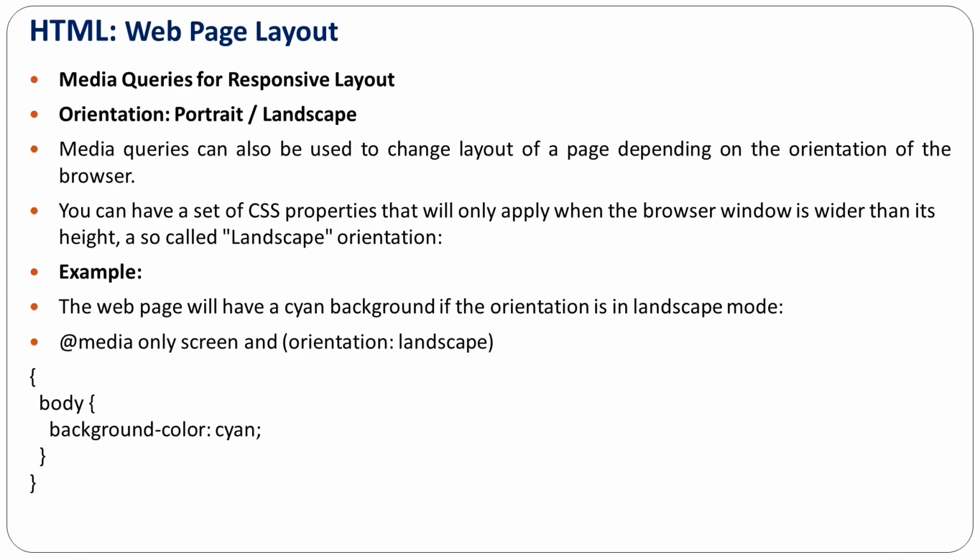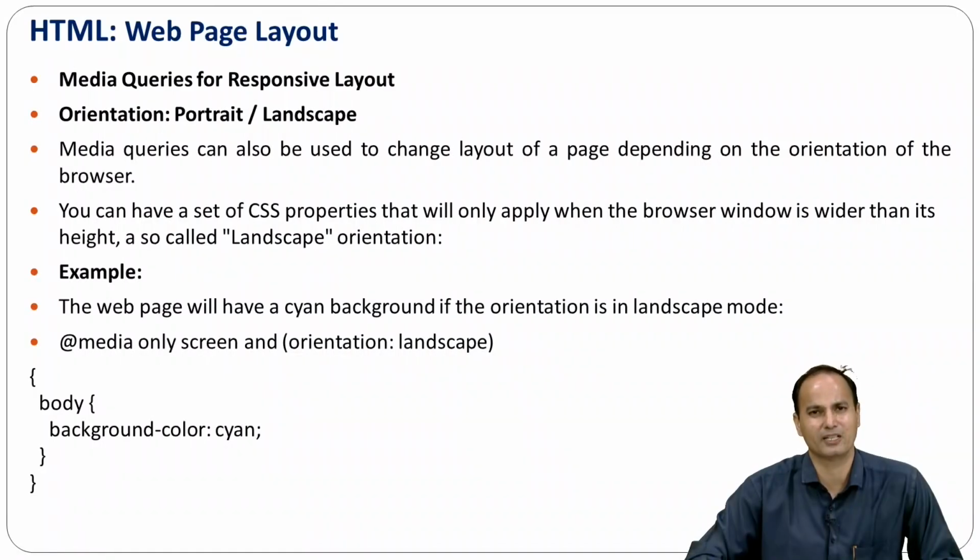Earlier we used a media query for the screen resolution of 600 pixels. In the same way you can use it for orientation as well: @media only screen and orientation landscape, and whatever values you have provided will be applicable when the orientation turns to landscape.